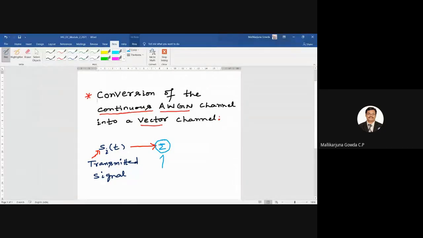and we indicate the noise will be at the channel. It will be adding the noise at the channel.